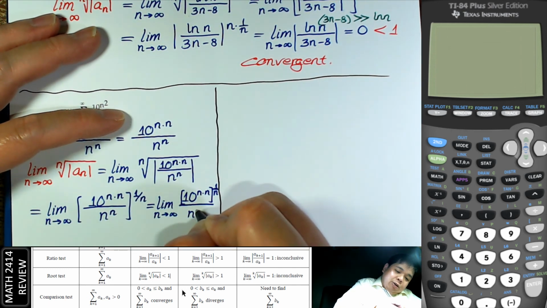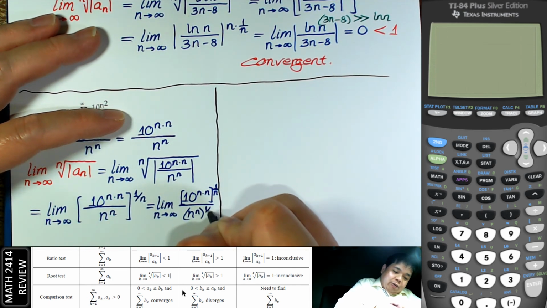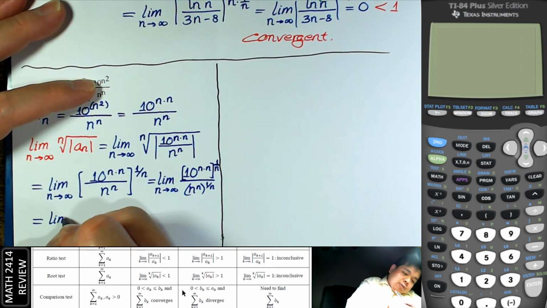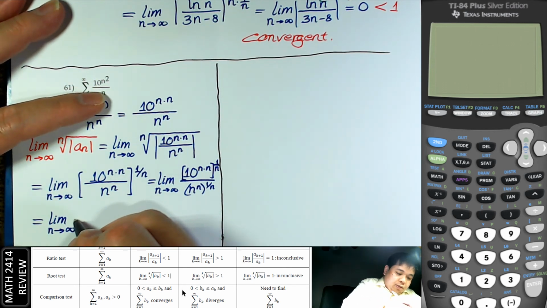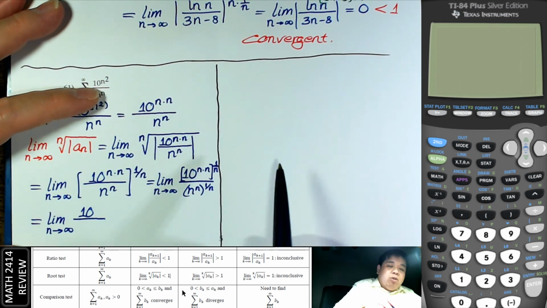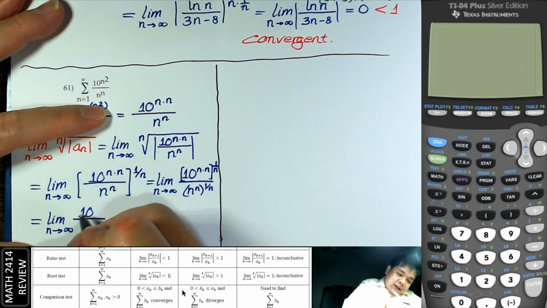And then we have n to the n to the 1 over n. It's a power to a power, so we multiply n times 1 over n.